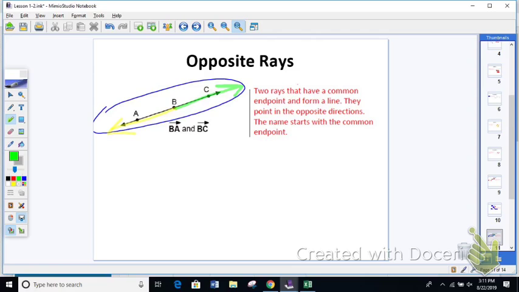They share the same endpoint, which is B. They just go in opposite directions, forming that straight line. But again, when I name it, the B is always first.